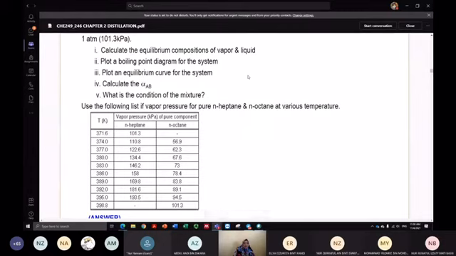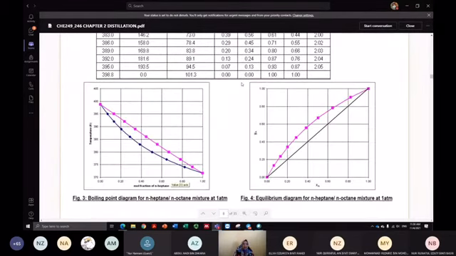If you were to plot a boiling point diagram of the system, you can do so by having temperature and composition. This is how you get the boiling point diagram. This is the saturated liquid.